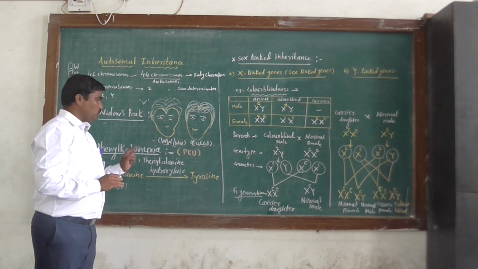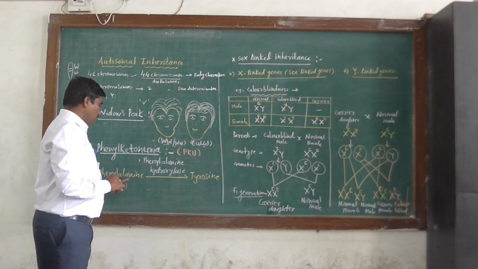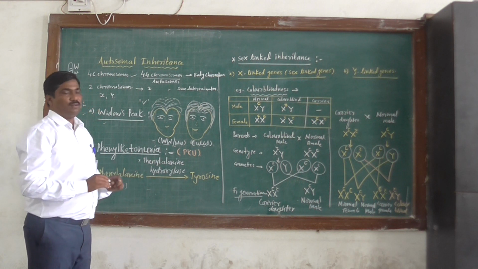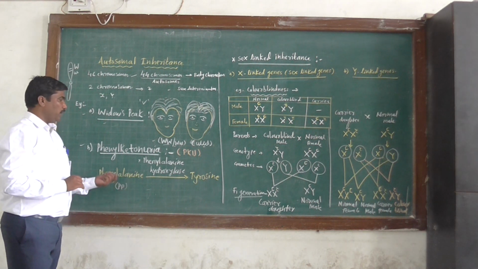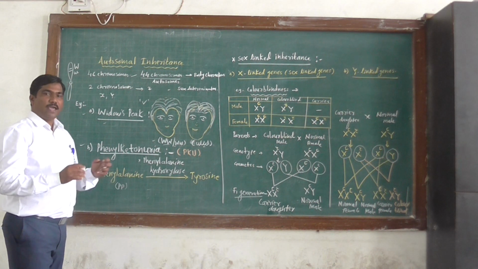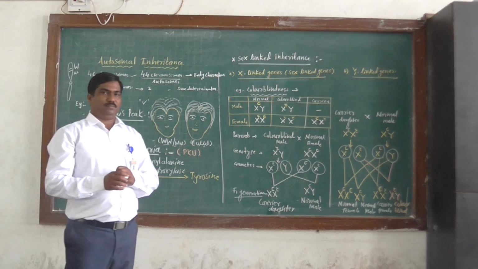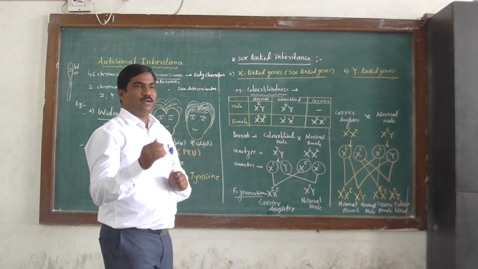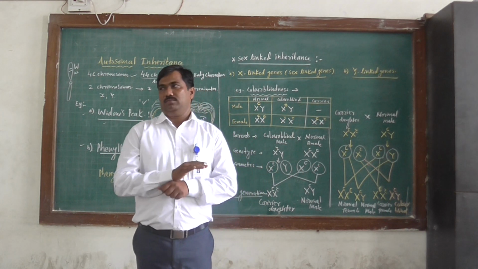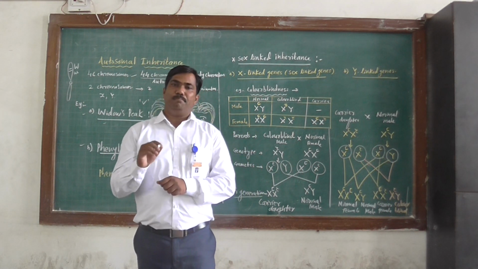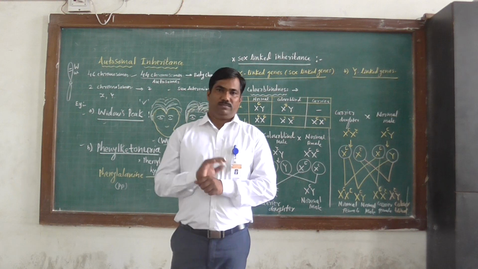Due to the absence of this enzyme, phenylalanine is not converted into tyrosine, and phenylalanine accumulates in the blood. It accumulates within the central nervous system and in the cerebrospinal fluid, and it causes mental retardation.